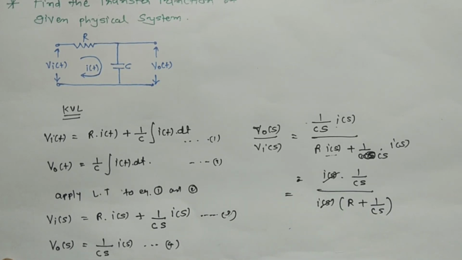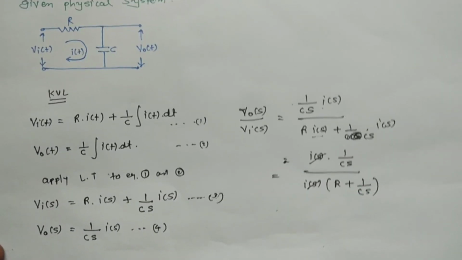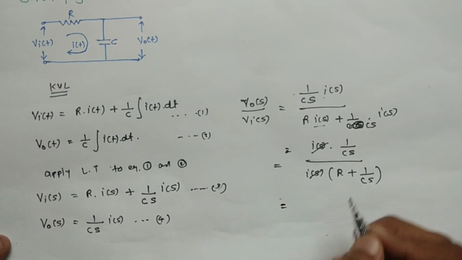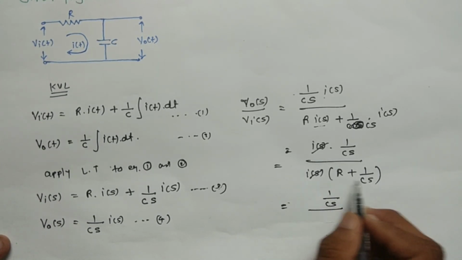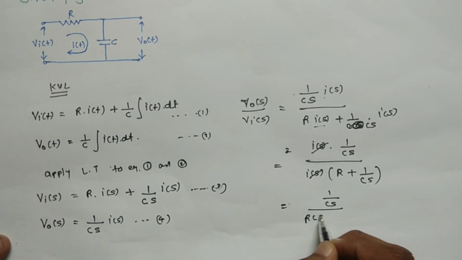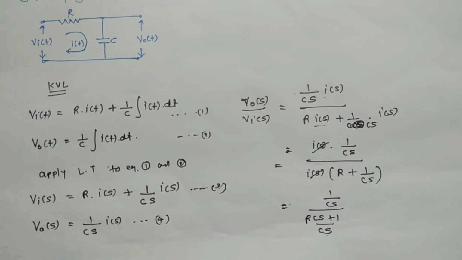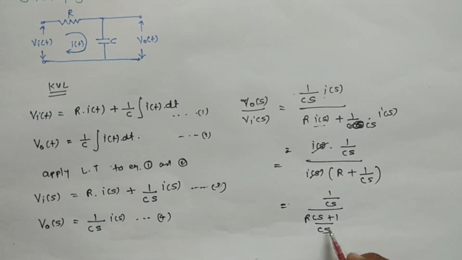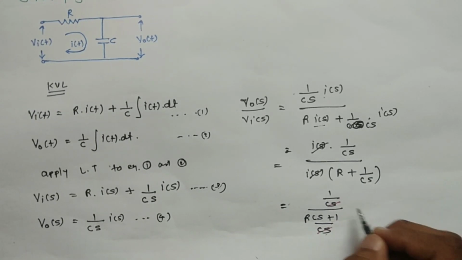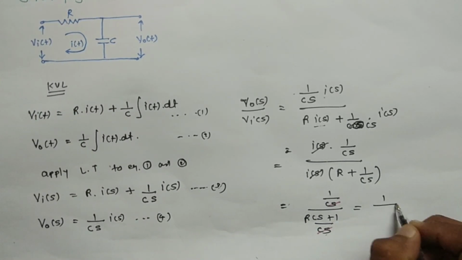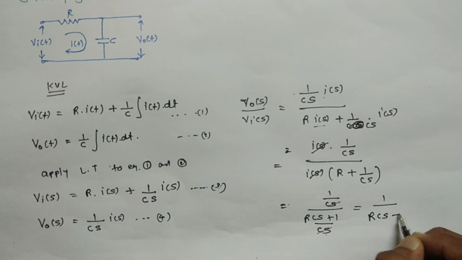The I of s term is cancelled, and now take LCM. 1 upon Cs upon, taking LCM in the denominator, we can write RCs plus 1 upon Cs. The 1 upon Cs term is cancelled, so that we can write 1 upon RCs plus 1.